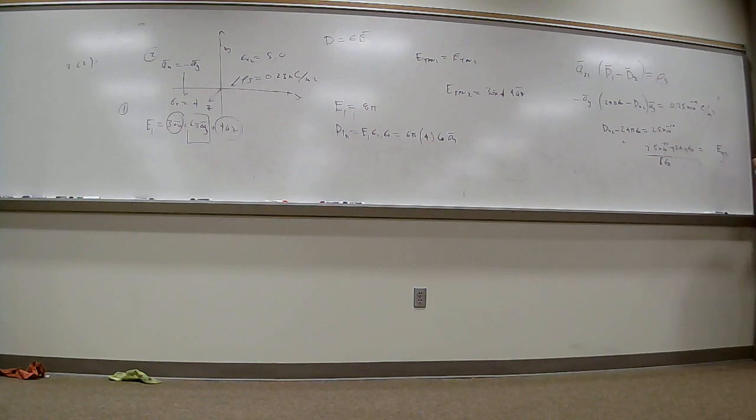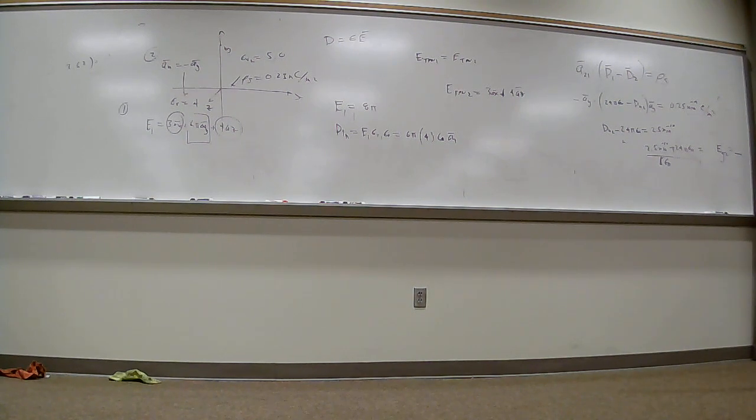But what do you get for this value then? Can somebody do that for me? You're going to get 24 pi divided by 5 plus 2.5 times 10 to the minus 10th divided by 5 epsilon naught. I can't do that in my head, but you can tell me what that is. That would be the answer, I believe, in this book. Doesn't he do it this way, class, in the solutions? He does it the long way. I've got the E fields, right?